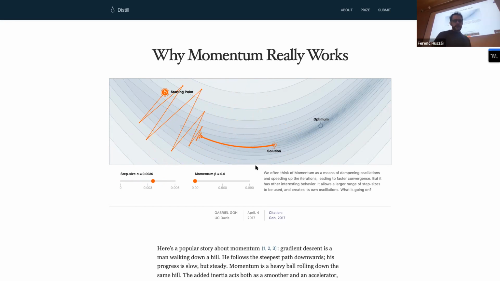The idea of momentum is to say, instead of paying attention to these individual gradients, I'm going to average them over time. If I take the average of this gradient and this gradient, the largest components of these gradients are perpendicular to the direction that I actually want to move, and these oscillations will start canceling each other out.